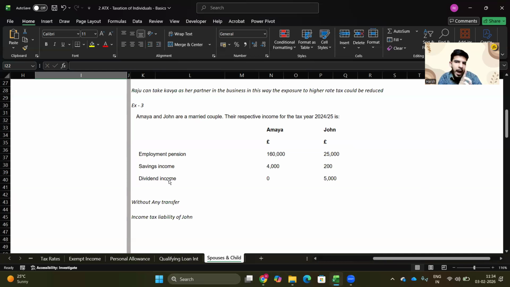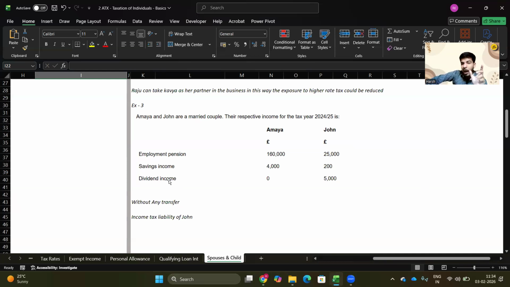Now here, you can see Amya is a higher rate taxpayer, isn't it? And John has lower income, right? John does not have as much savings income as Amya.